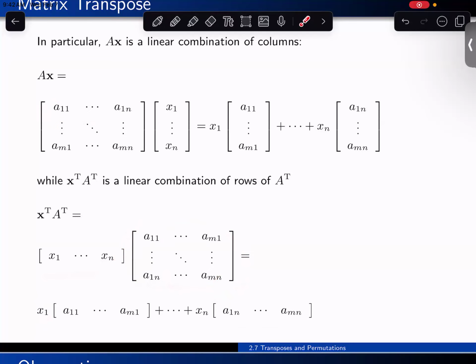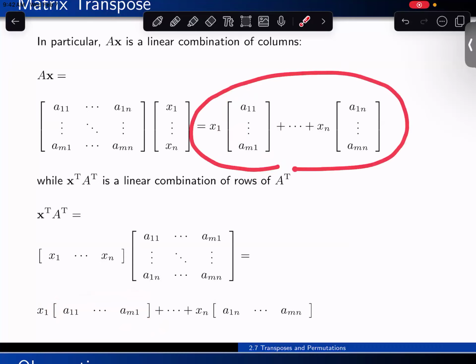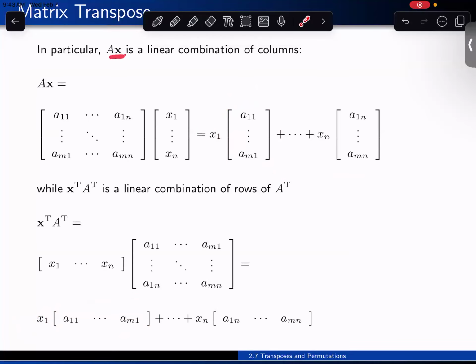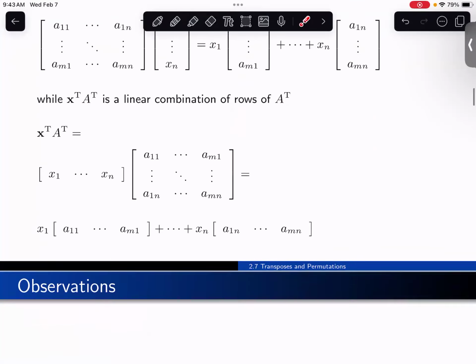You can also tell that these vectors are the same as one another, except they're just flipped. This is an n by 1 vector, and this is a 1 by n vector, and their entries are exactly the same. So if you consider the sum of these matrices, you would end up getting the exact same matrix over again. So what this is saying is that AX ends up being equal to X transpose times A transpose.